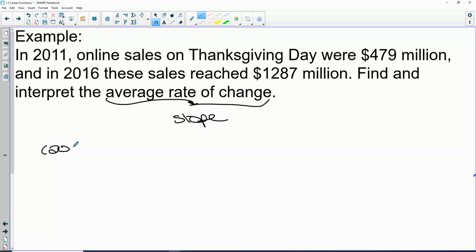2011, the sales were 479; in 2016 it was 1,287. Alright.